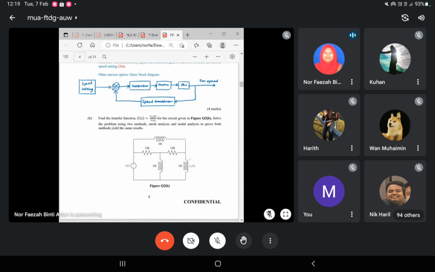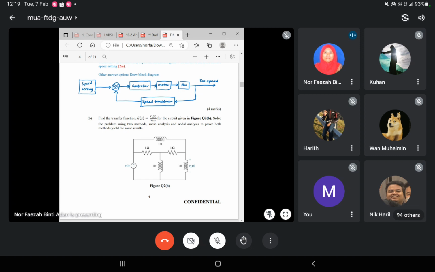Okay, so kita nak tengok an example of a 3 loop terus, sebab dalam past years ni dia 3 loops. So you are given an RLC circuit shown in figure Q2B.